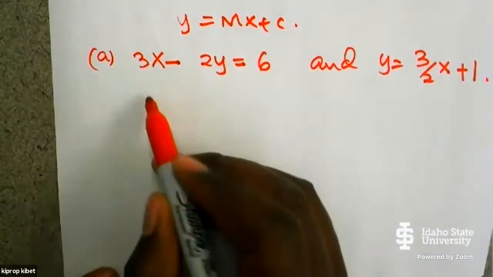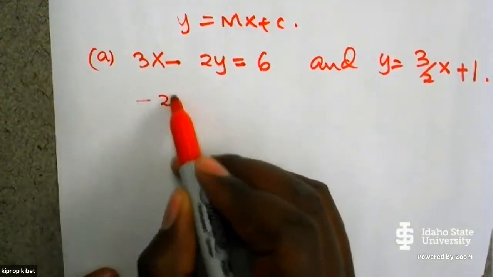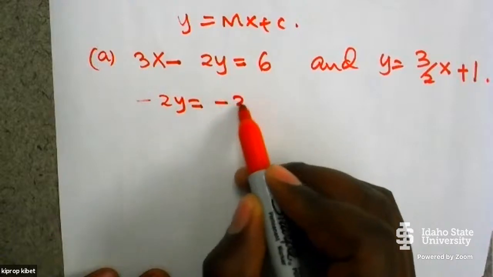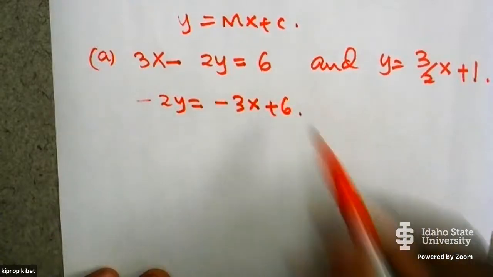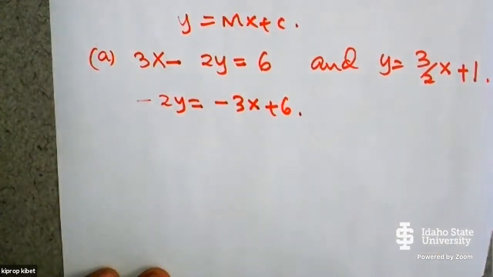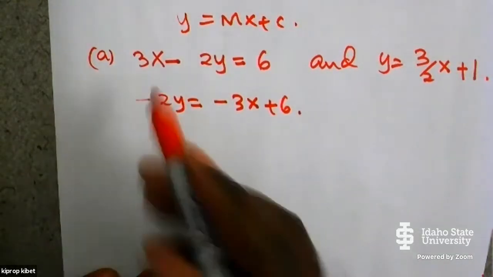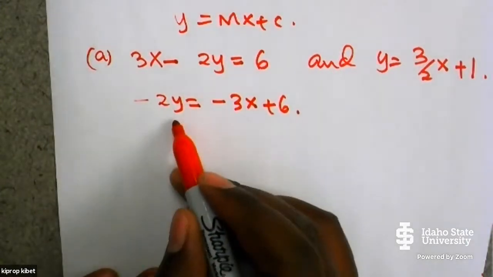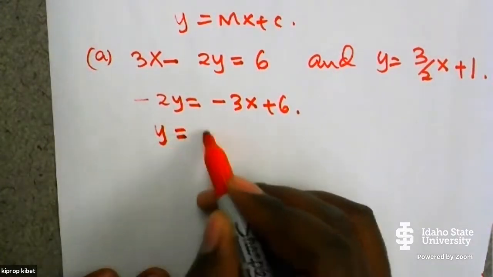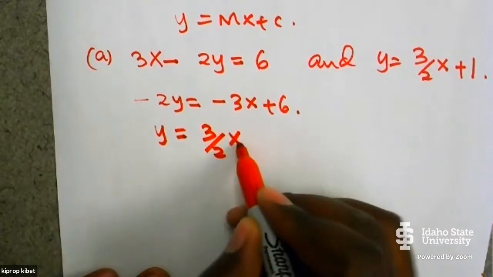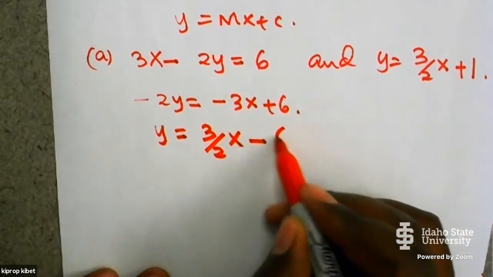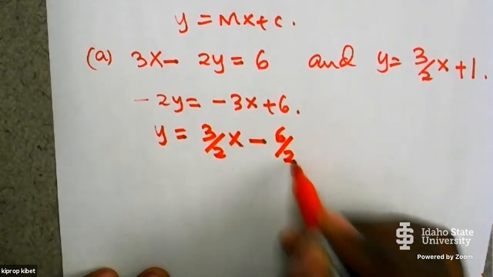So here, minus 2y equals minus 3x plus 6, right? So you take 3x to the other side. Then you divide by -2. So y equals 3 over 2x minus 6 over 2, right?